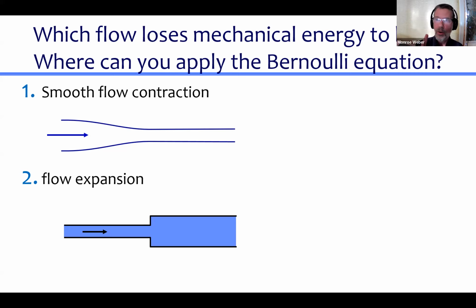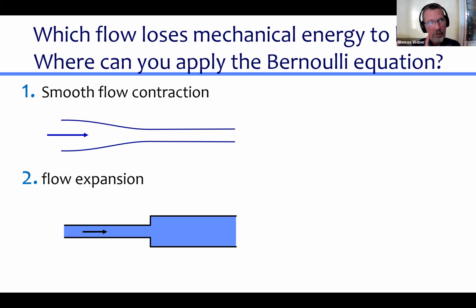So which flow loses mechanical energy to heat? That is the flow expansion. Where can you apply the Bernoulli equation? That is the smooth flow contraction. And when you took fluids, I bet you learned that you lose energy when you go through a contraction in a pipe, which is true.